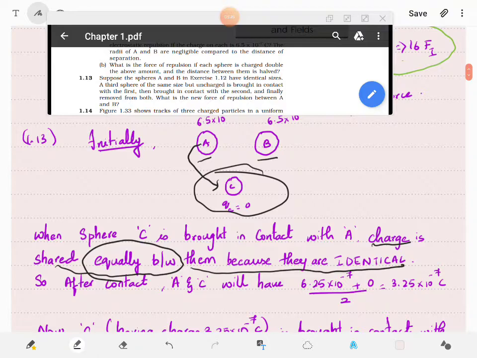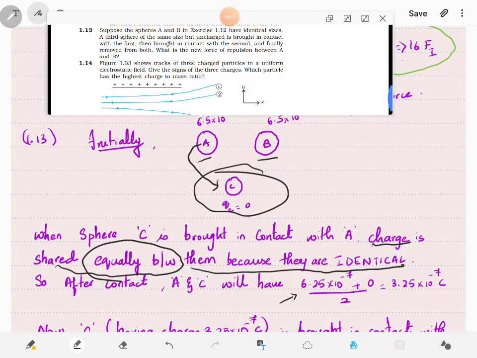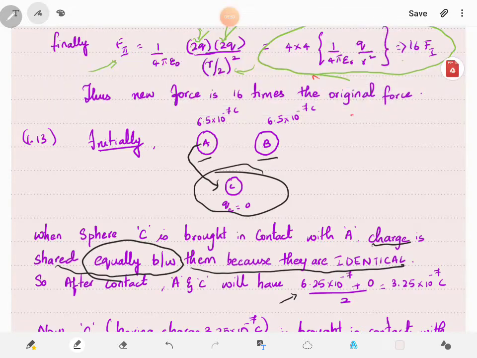Or equally rather. So what happens is, the charge on A is about 6.5 into 10 power minus 7 Coulomb. Let me minimize the screen. 6.25 into 10 power minus 7 Coulomb, while the charge on another sphere is going to be 0, because that is what has been given to us.